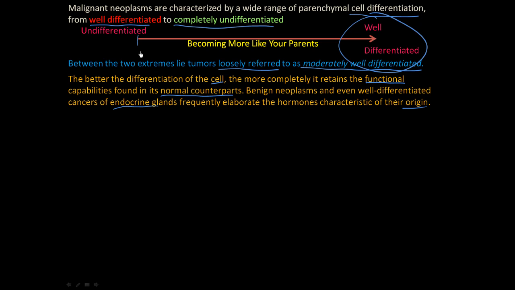But if you have an undifferentiated cancer of the thyroid gland, you might have just weird hormones. You might have prolactin. You might have acetylcholine or epinephrine or some different hormone being secreted from the thyroid gland, because the undifferentiated cancer cells are acting nothing like the cell from whence it came.